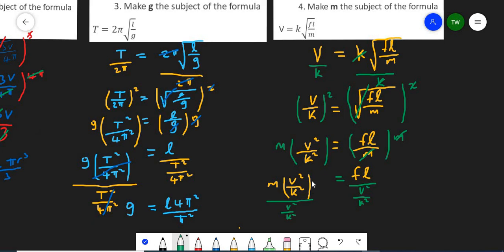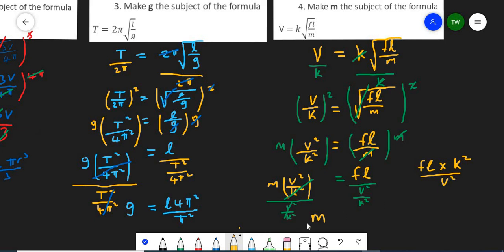Now, what will happen is that what's inside of the bracket in the numerator will cancel out what's in the denominator. So that is going to leave us back with just M here. And FL over V squared over K squared is the same thing as FL times K squared over V squared, right?